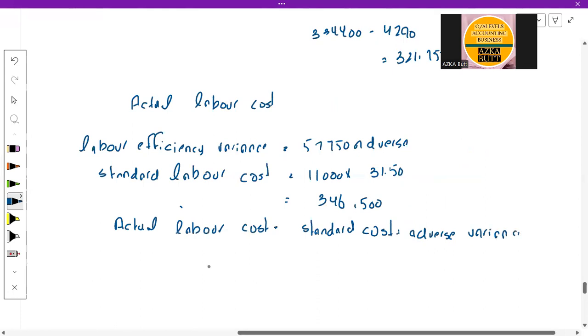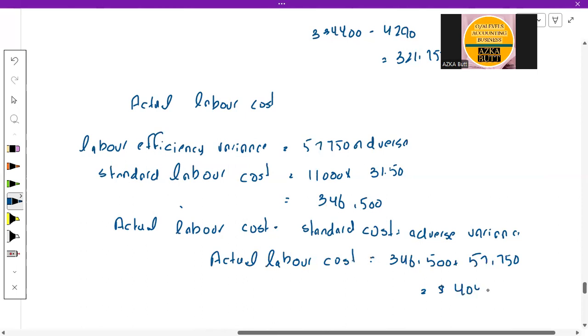So actual labor cost is equal to 346,500 plus 57,750, which is equal to 404,250.